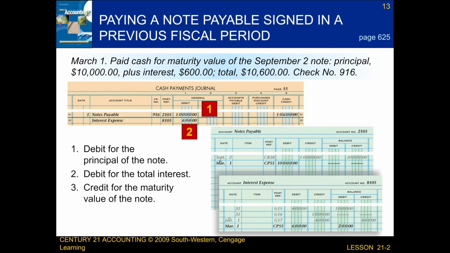After that, we record a credit for the maturity value of the note, which is the total of the principal and the interest, in the cash credit column. And finally, we post the amounts in the general columns to the general ledger.